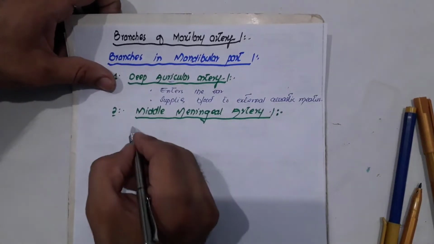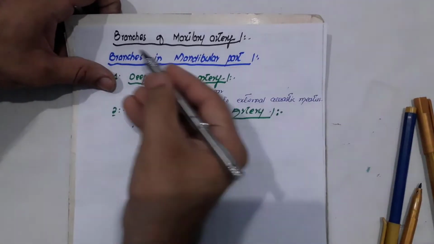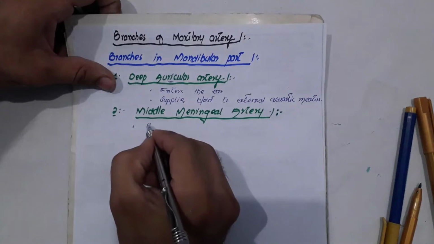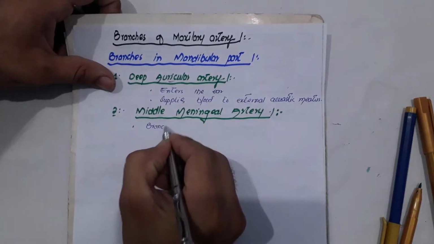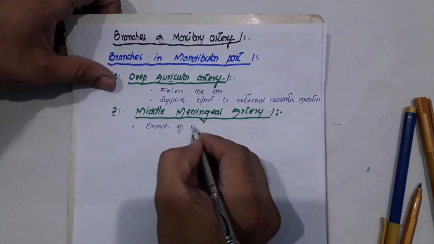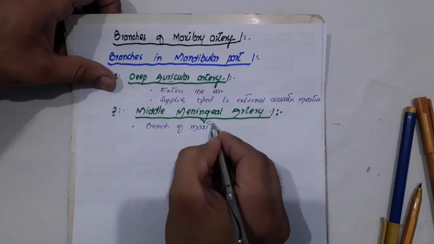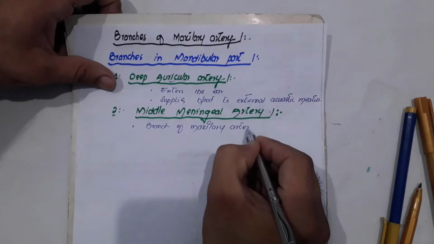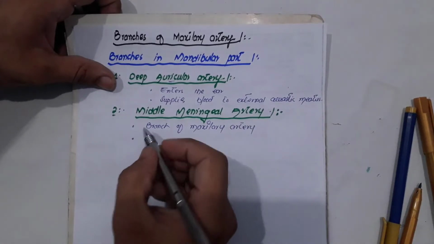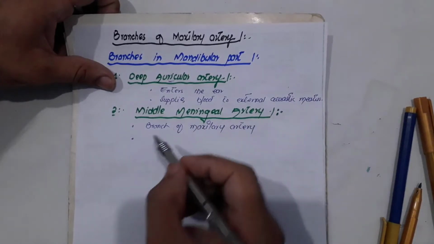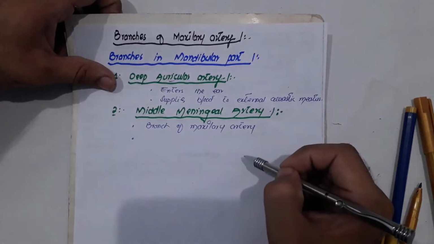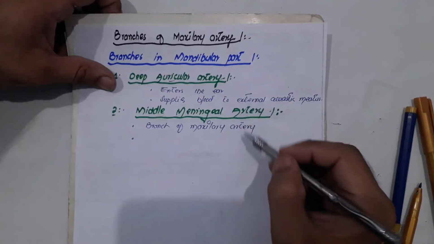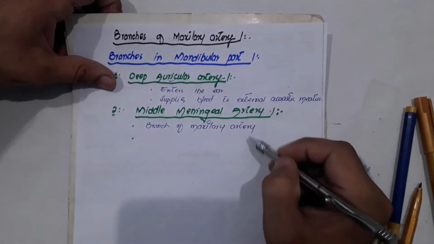We know that this artery is a branch of the maxillary artery in the mandibular part, right? And when it arises, it goes a little upward and passes through the foramen spinosum.